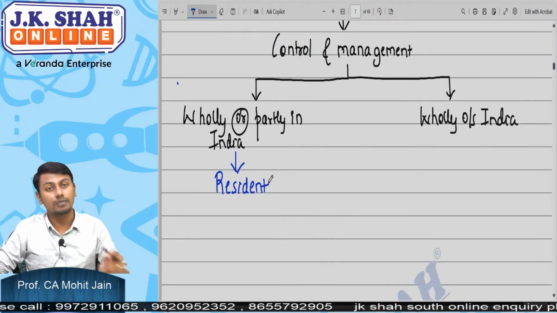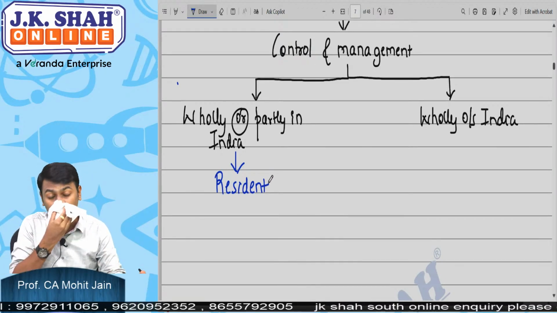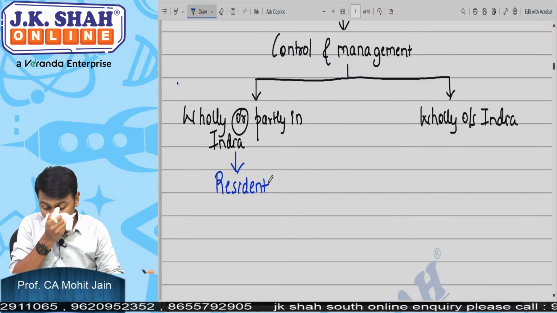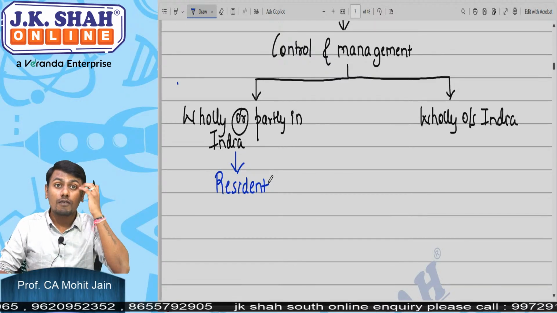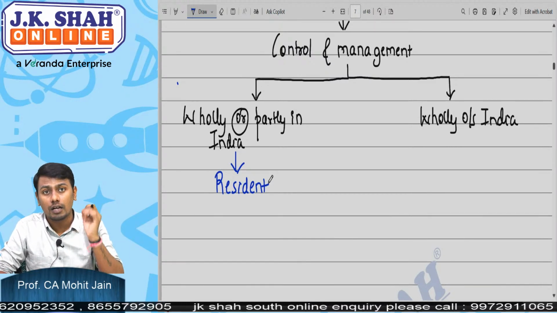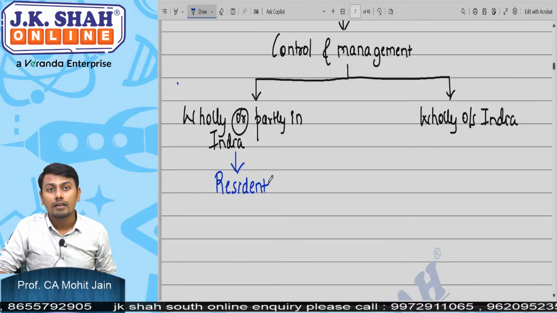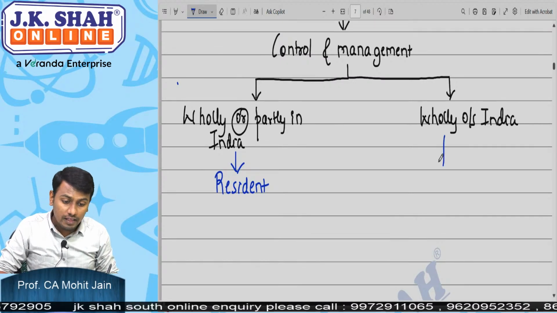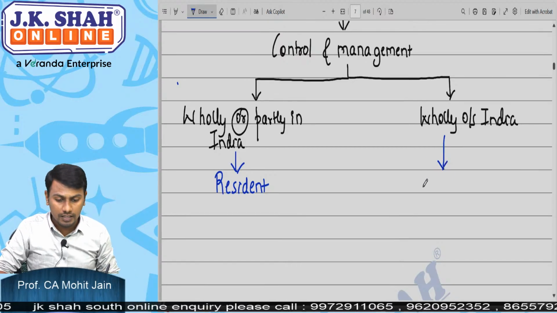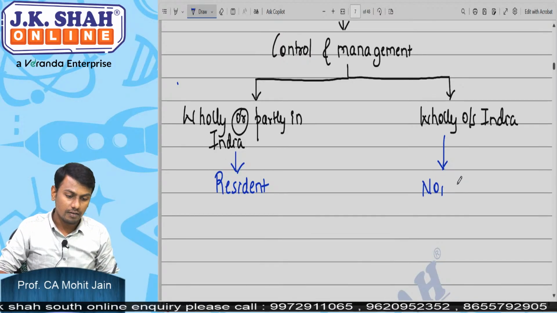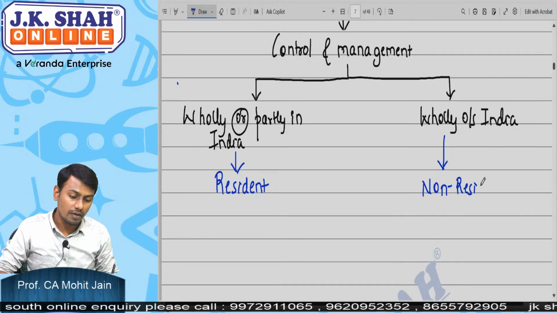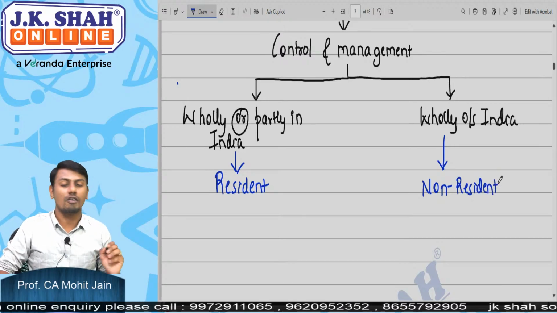HUF will be called what, people? Even if 0.01%. What did I say? Even if 0.01% control or management is in India, then the HUF will become a resident. And only when the entire 100% control is outside India, then only the HUF will become non-resident.